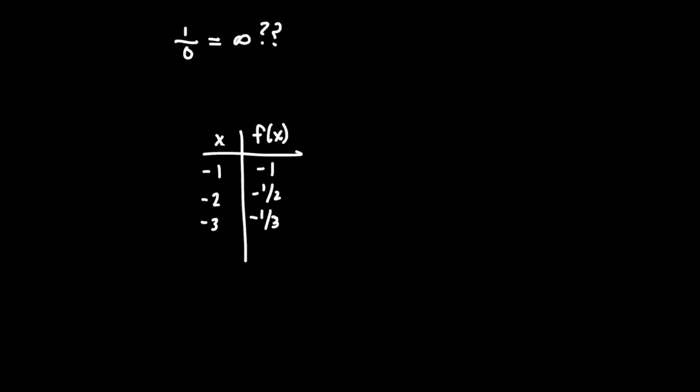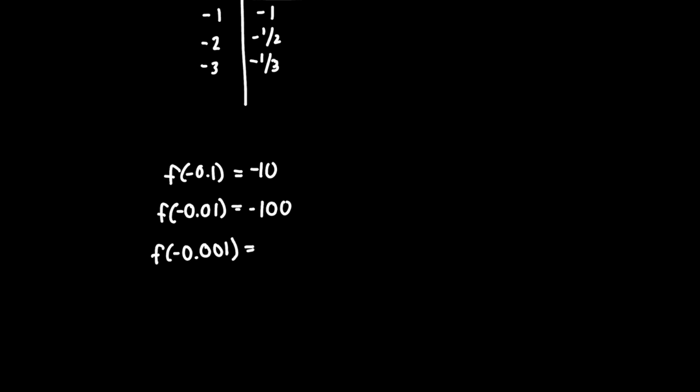From this, we'll notice that as we get closer and closer to 0, something interesting is going to happen. For example, when plugging in -0.1, we get -10. Plugging in -0.01 gives us -100. Plugging in -0.001 gives us -1,000.